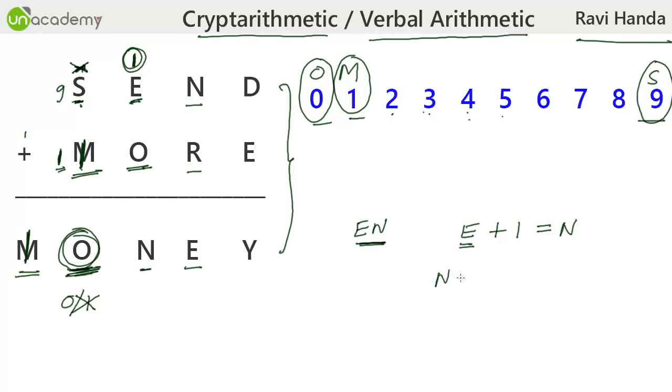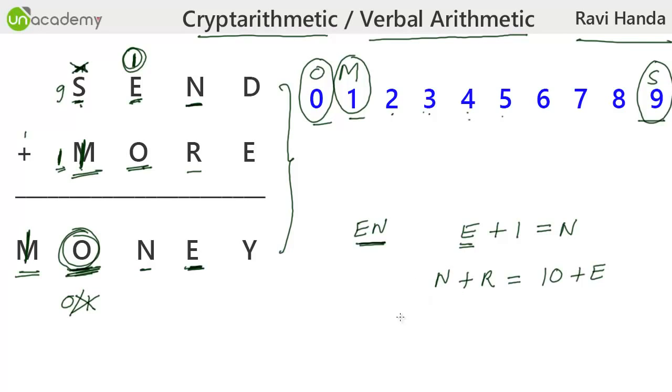What must have happened is that N plus R should have been 10 plus E, something like 7 plus 9 is 16. So it is still possible that the digit after the addition is smaller than the digit before the addition. So there must have been a carry.